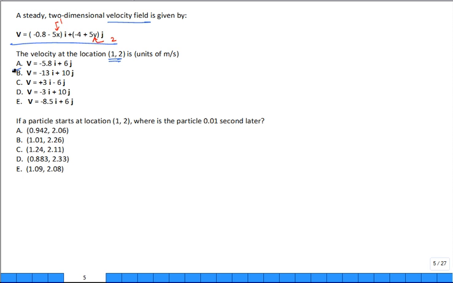So A it is. If I plotted it, it's hard to do this, but if I came out to this location 1, 2, that's in the y and that's in the x, I would say, okay, I have a vector that is negative almost 6 in the i, and it's positive 6 in the j.